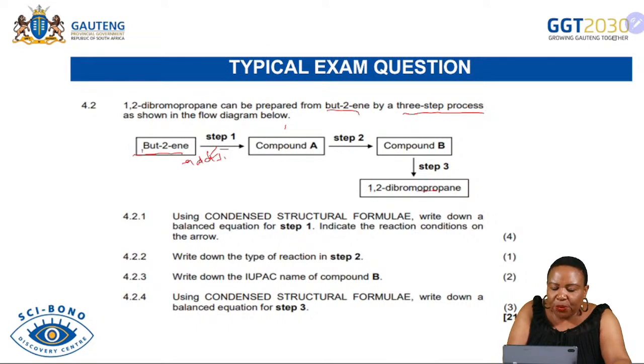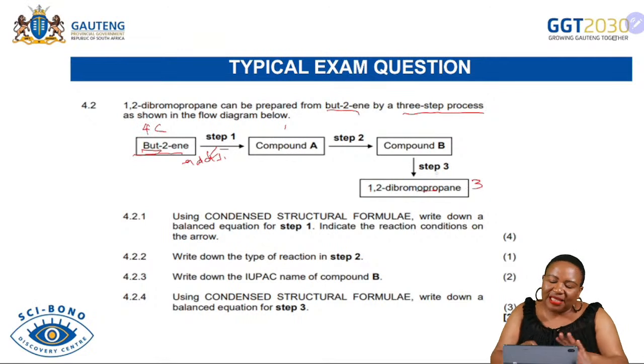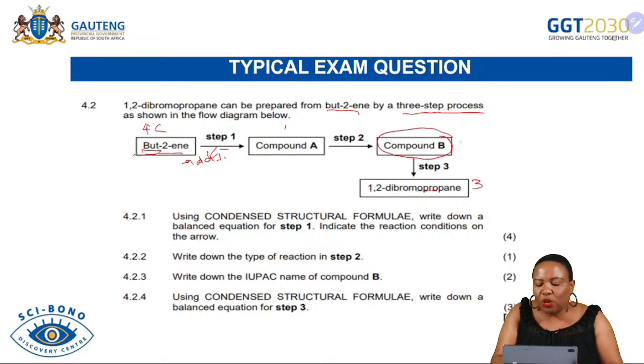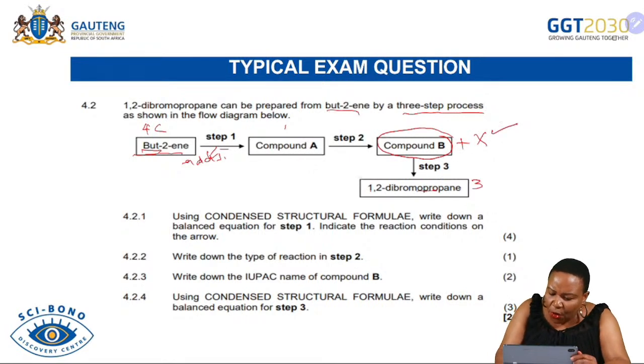You see, from but, which has a 4-carbon chain, to prop, which has 3, it means somehow compound B was formed with another product, but that product was not carried over to make other products, so it was ignored. So from step 1 to step 2, step 2 to step 3, we are able to identify step 3.